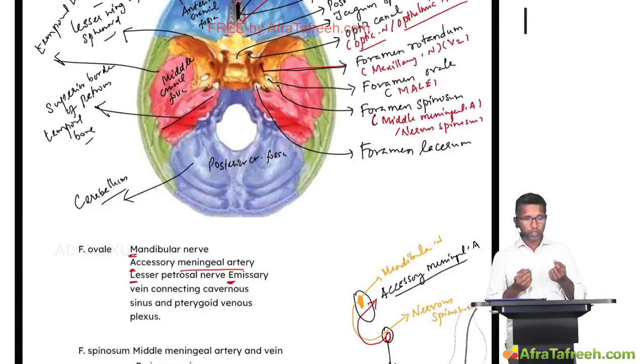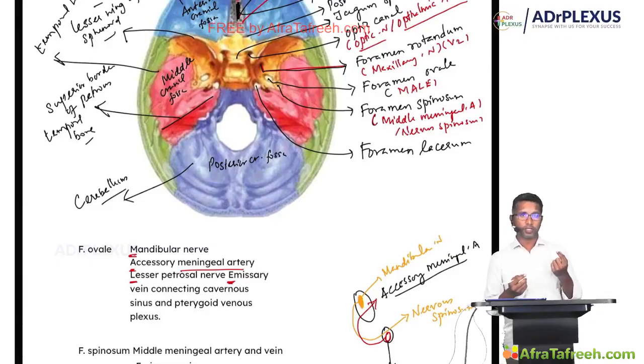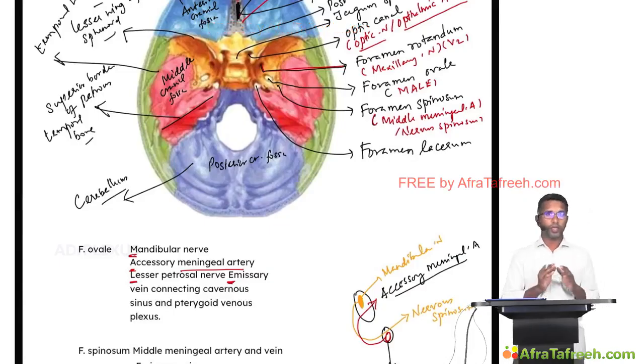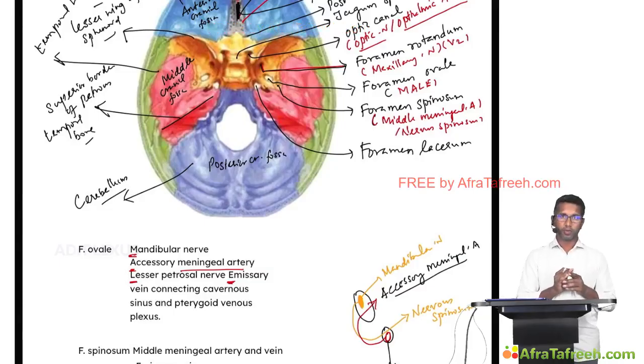If you ask whether any structure passes through the foramen lacerum from below upwards or from above downwards, no. No structure passes like that. Below, the foramen lacerum is closed by fibrocartilaginous tissue.